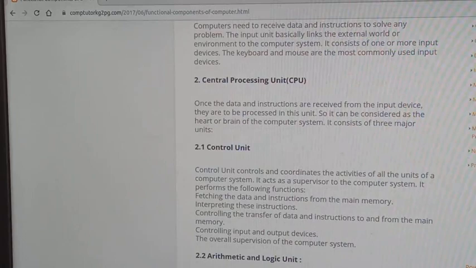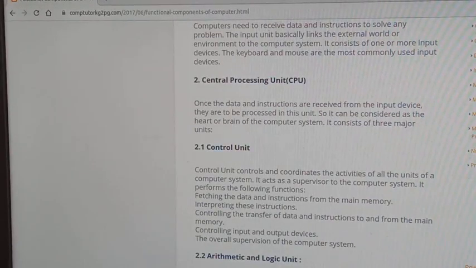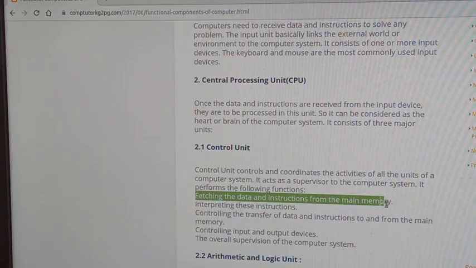So here, the CPU contains, first one, the control unit. I already told that the control unit controls and coordinates all the activities of the CPU. The main operations performed by the control unit are these: fetching the data and instructions from the main memory.